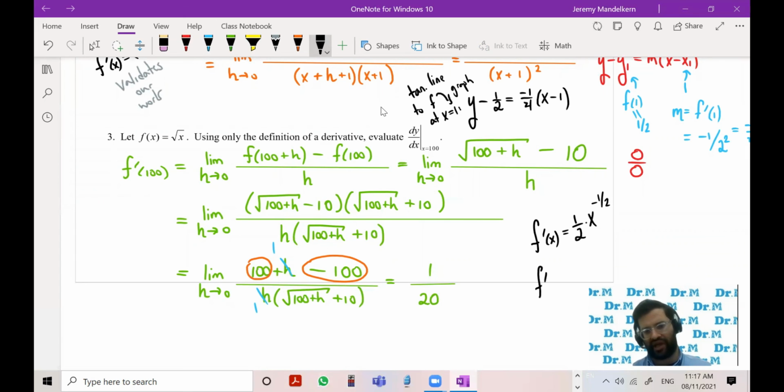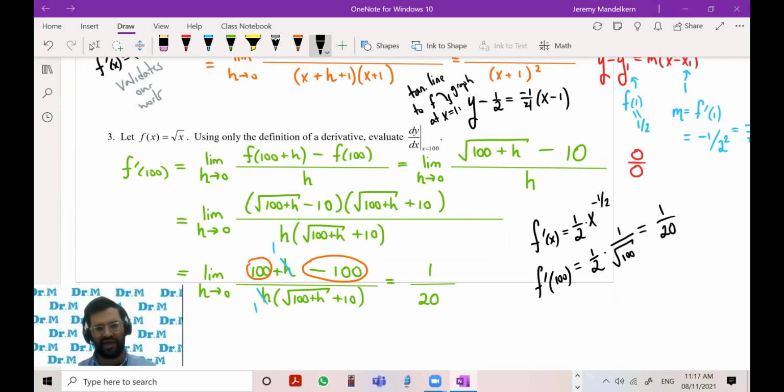That means that f prime of 100 is going to be 1/2 times 1 divided by the square root of 100. That is indeed 1 over 20. So that, again, is an independent validation of our work. This validates our work.